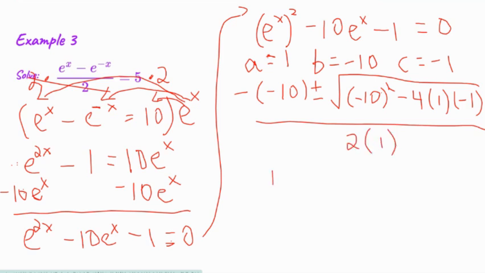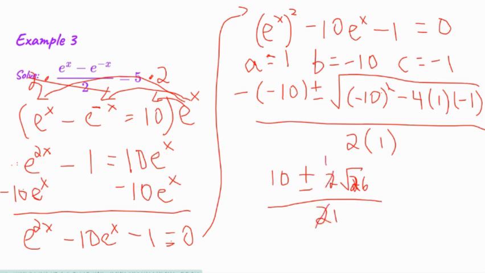So we get 10 plus or minus, 100 plus 4, so that's root 104. 104 simplified as a radical has a common factor of 4, so it would be 2 root 26, all over 2.